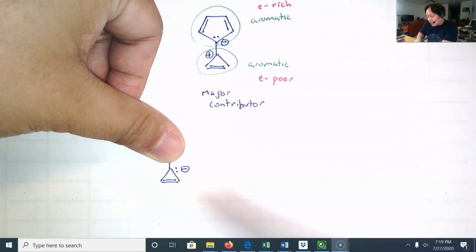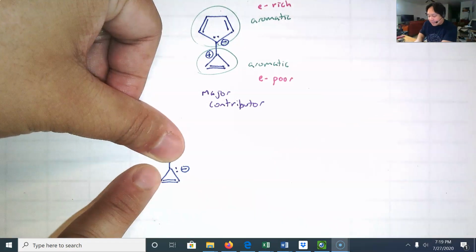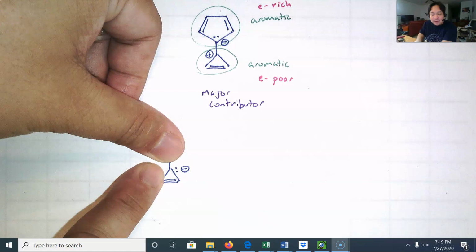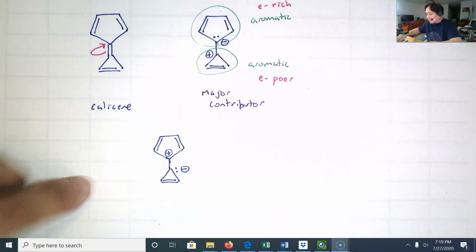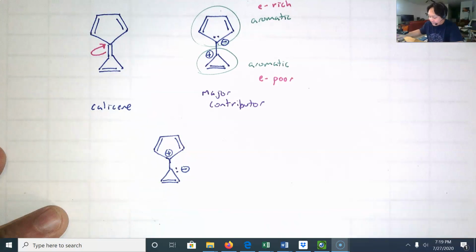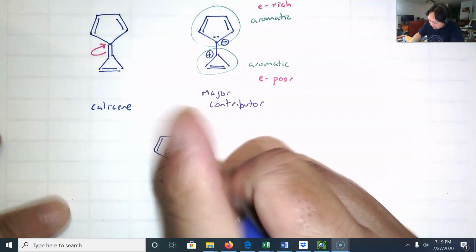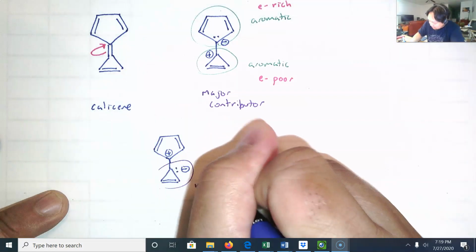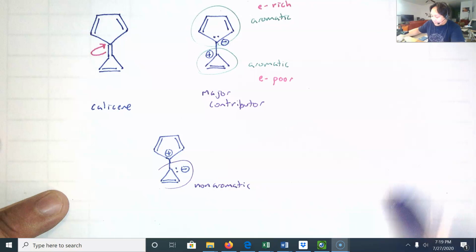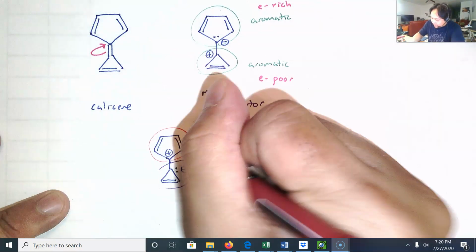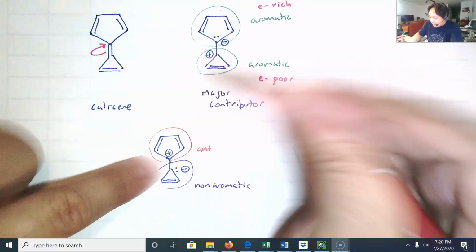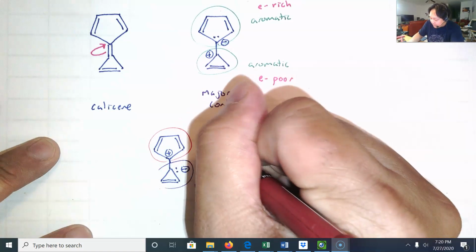So I would rather us read this, as we usually do, as 4 areas of electron density. That carbon right there is sp3. We would make this non-aromatic. And definitely, this is anti-aromatic. 4 pi electrons. Flat, all the atoms are sp2.